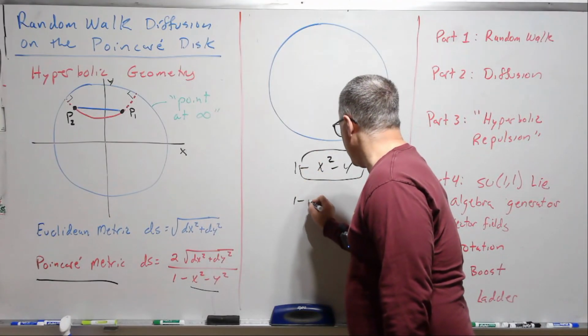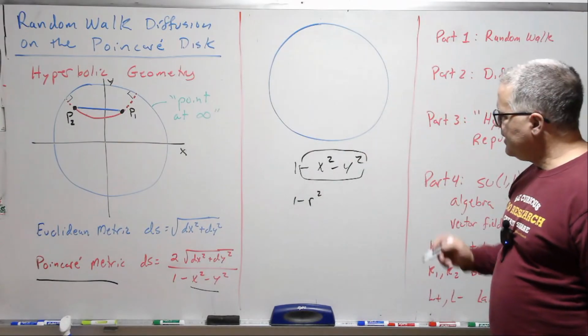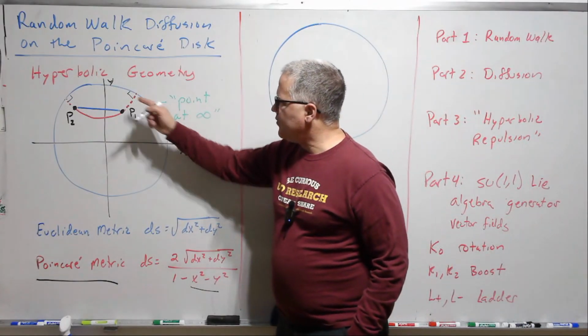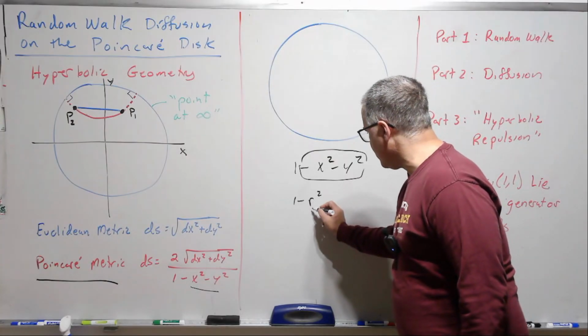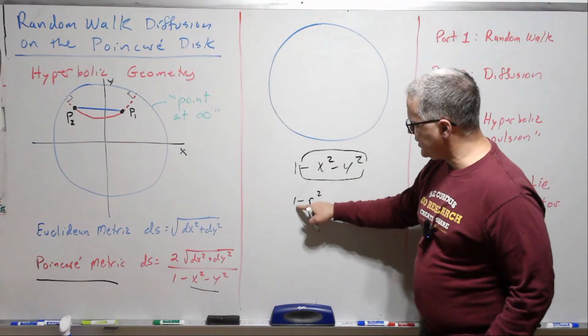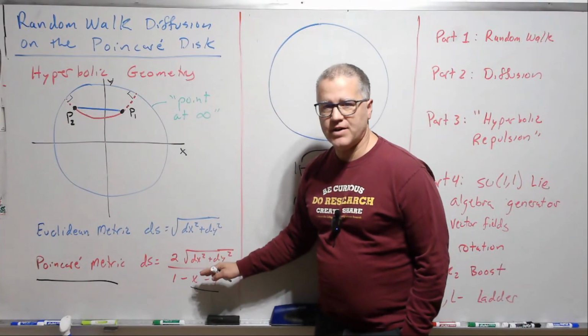So this is really 1 minus r squared. And so we can see here why things get weird at the unit circle. Because at the unit circle, r is approaching 1. And so this is approaching 1 minus 1, or 0. So it's making the denominator very, very small.